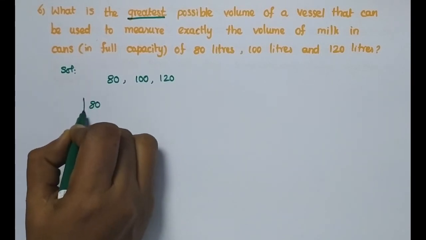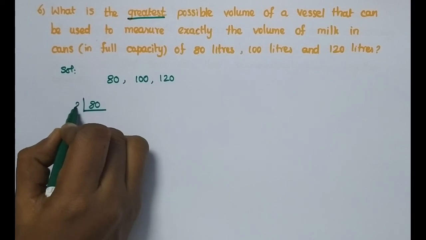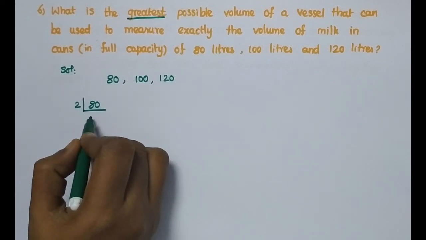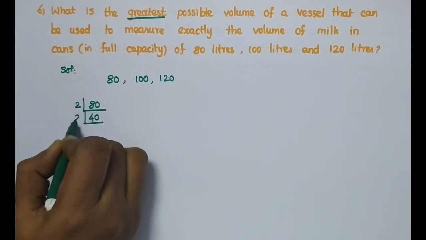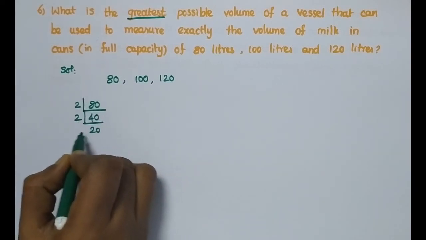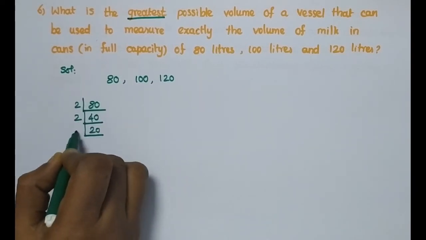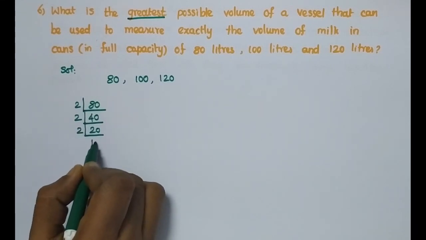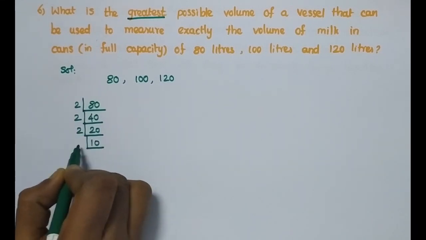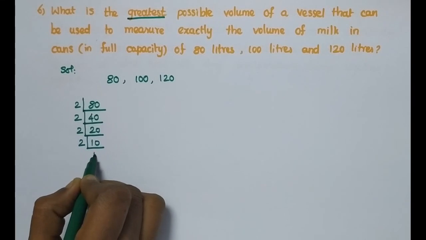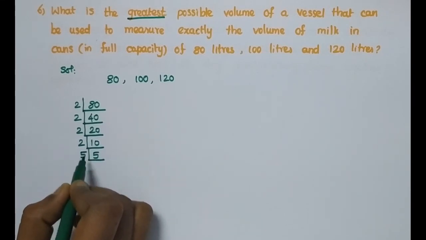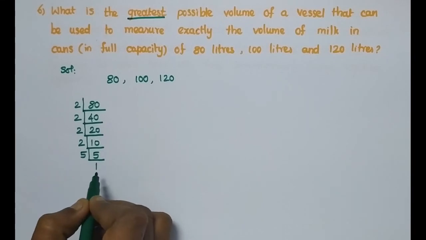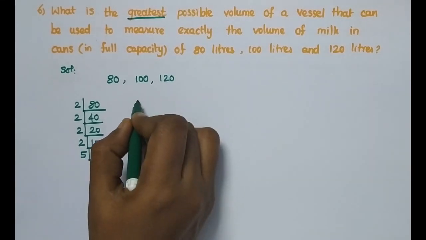First 80 divided by 2, 40 2s are 80, again divided by 2, 20 2s are 40, again divided by 2, 10 2s are 20, again divided by 2, we get 5, and 5 divided by 5 is 1.